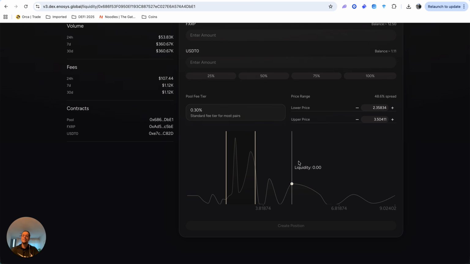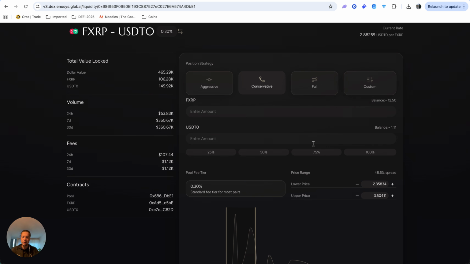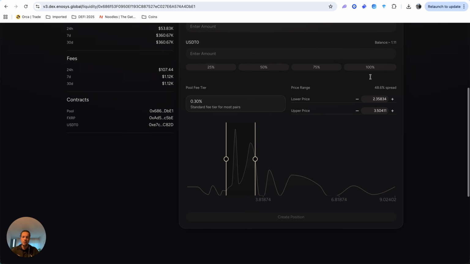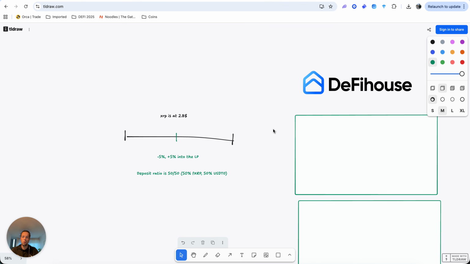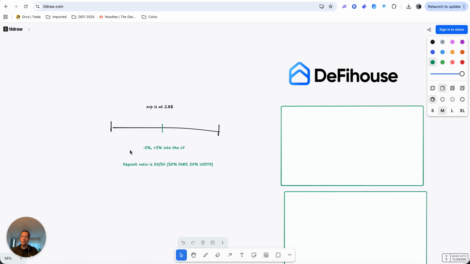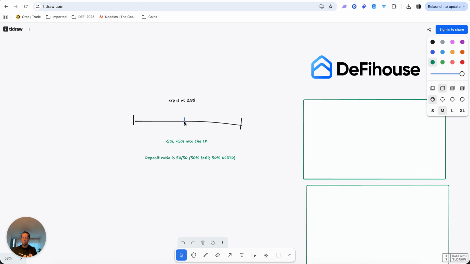So the best thing to understand, first of all, you always go to custom strategy, always. You have to do custom strategies, right? And set the range yourself, because you have to understand the very core principle that if you deposit in equal proportion, minus 5%, plus 5%, minus 10, plus 10, doesn't matter, you will always be depositing in 50-50 ratio.